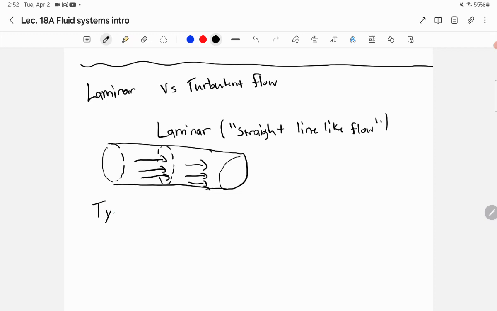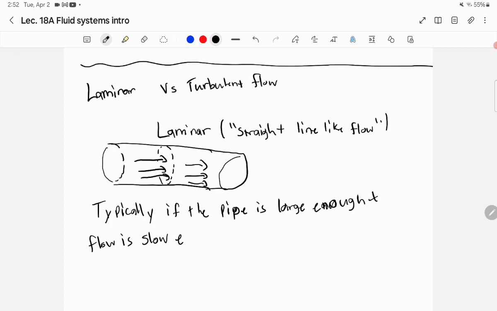And typically, if the pipe is big enough, and the flow is slow enough, then the flow is laminar.